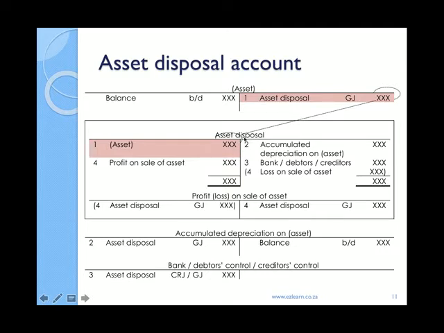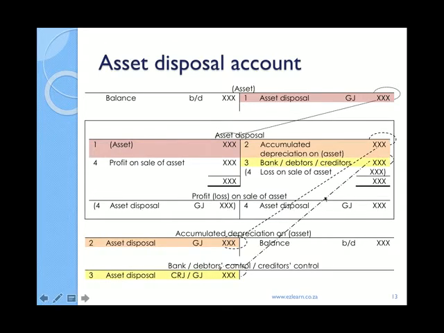If you think of your Smarties activity, this would be the 5 Smarties that the asset was originally worth. You will then look at the accumulated depreciation relating to that asset at this time. In your Smarties activity, these are the jelly tots that you had depreciated your asset by. This is then closed off to asset disposal on the credit side. You can now easily see in one place how much your asset is actually worth.